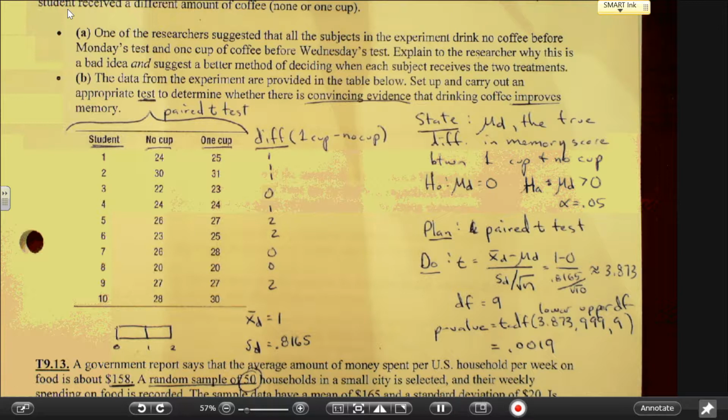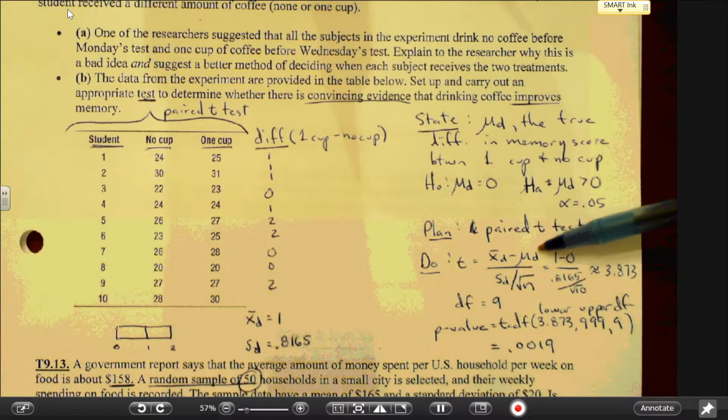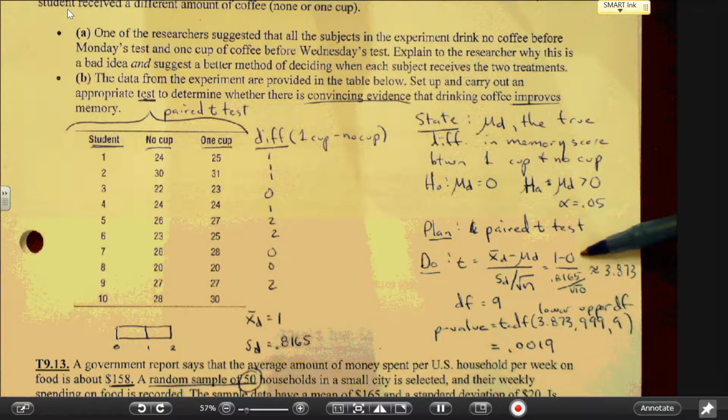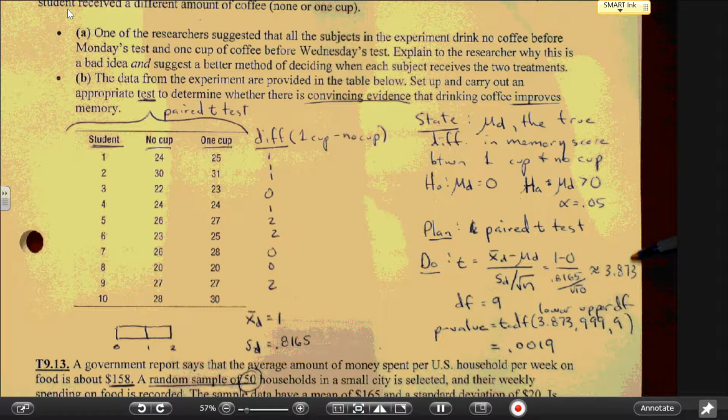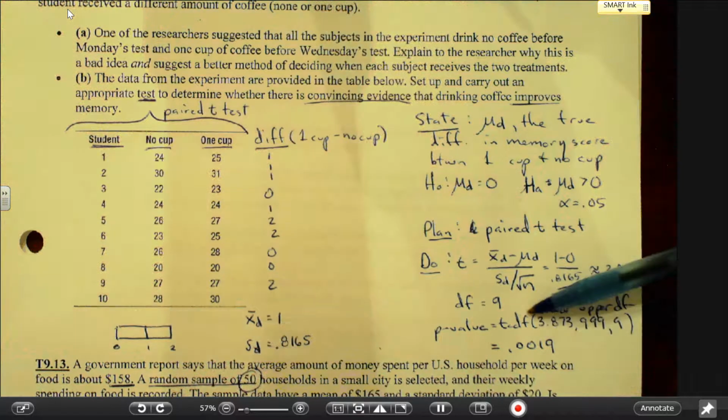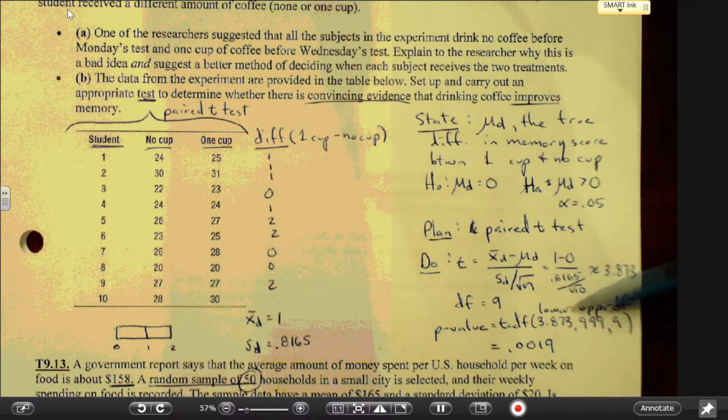So then we can go to the do step. It's a t test statistic that we're finding. Here's our formula for finding that t. This is plugging in all of the values, and we ended up getting a t of about 3.873. Now this is a one-sided t-test, so to get the p-value, we're going to use tcdf. Lower is 3.873, upper is 999.